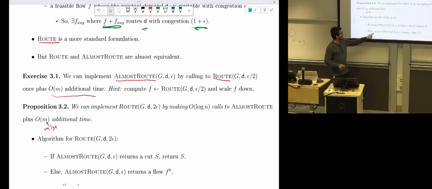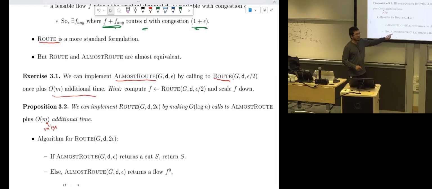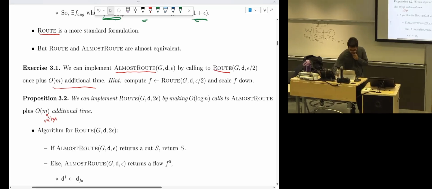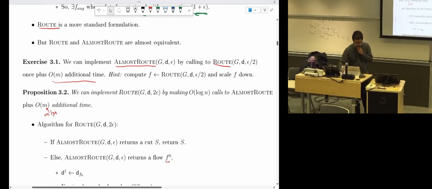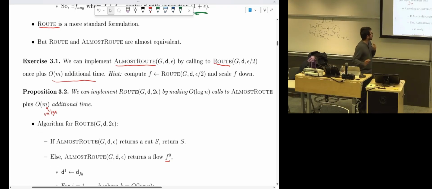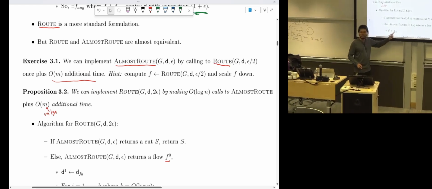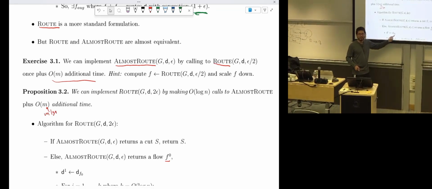Otherwise, it will return a feasible flow. Let's call this F0. Then I look at the residual demand of F0, which we know can be routed with really low congestion, epsilon. Call this D1.